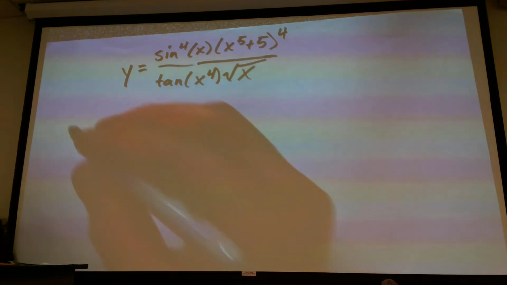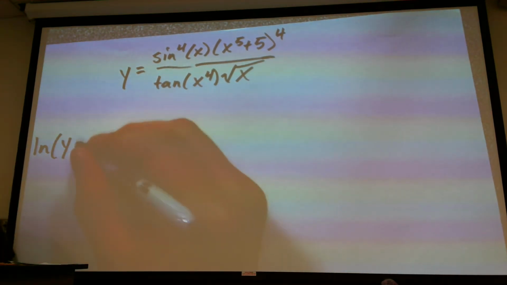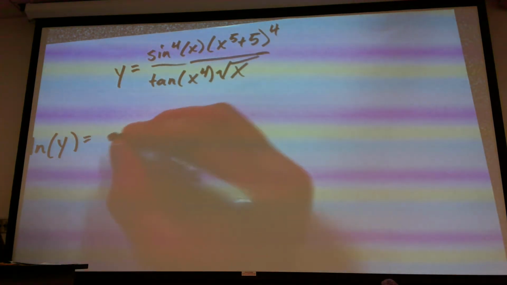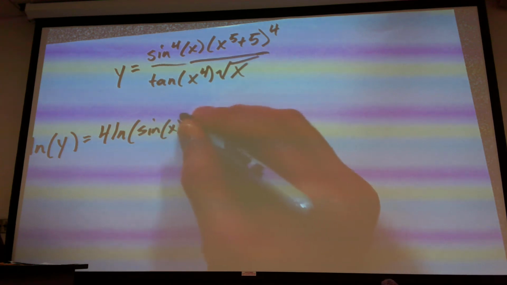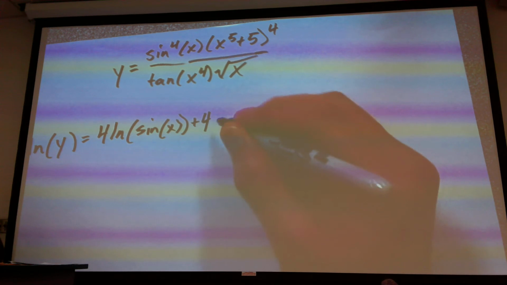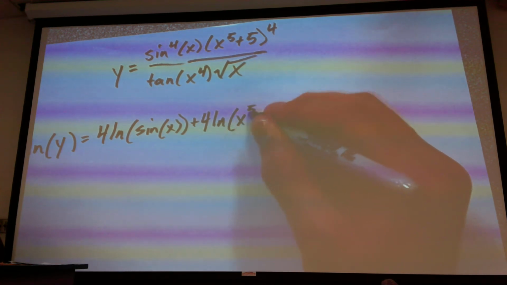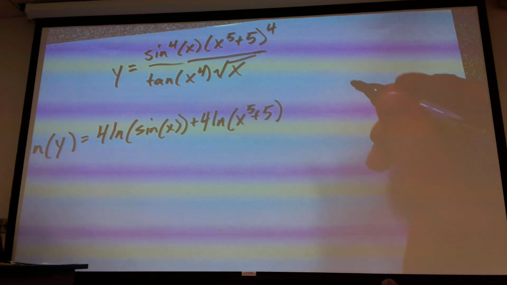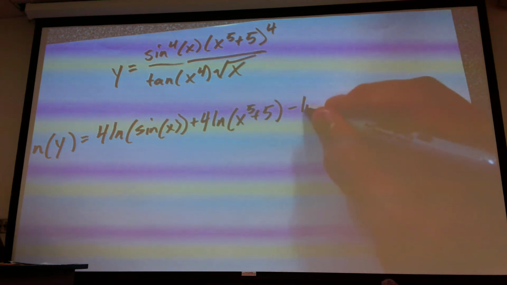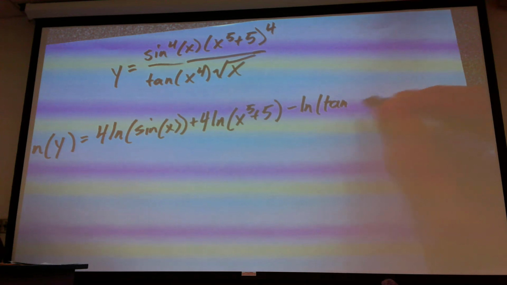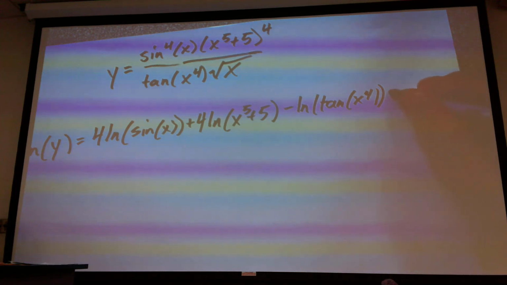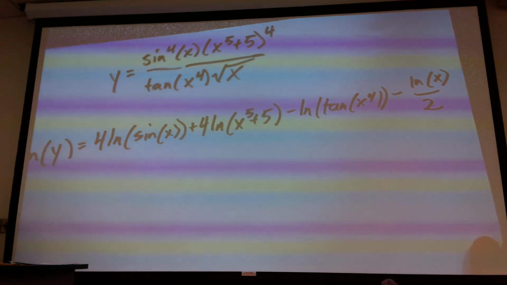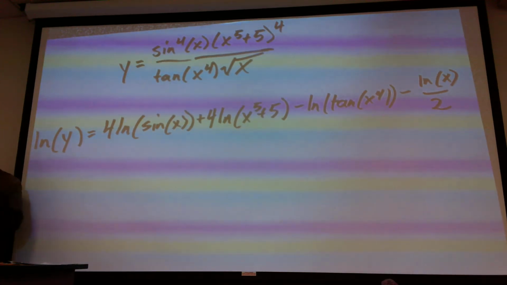So the natural log of y is going to be 4 times the natural log of sine x plus 4 times the natural log of x to the 5th plus 5, minus the natural log of tangent of x to the 4th, and then minus the natural log of x divided by 2. Yeah, we're able to put that all up on the screen. Let's see if we can put the next one on.